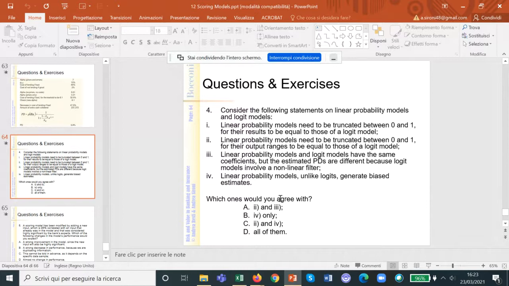Linear probability models and logit models have the same coefficients, but the estimated PDs are different because logit models involve a nonlinear filter. Linear probability models, unlike logit models, generate biased estimates. Now, I leave you 1 minute. Which do you think are correct of these 4 statements?